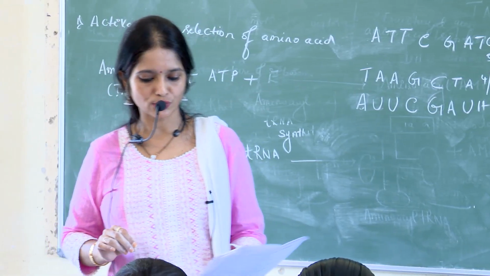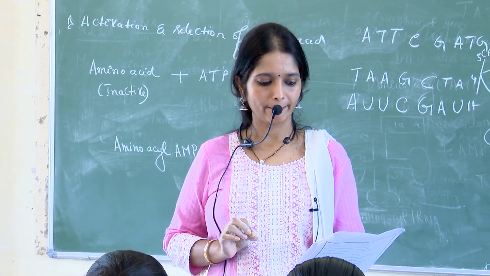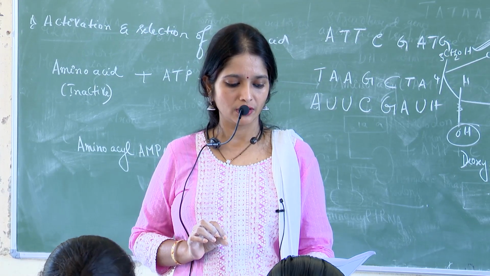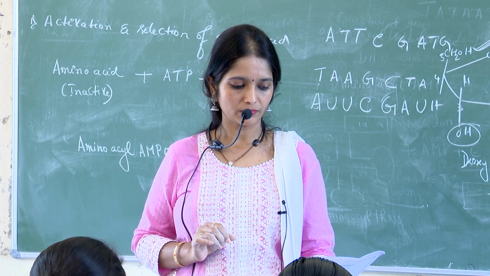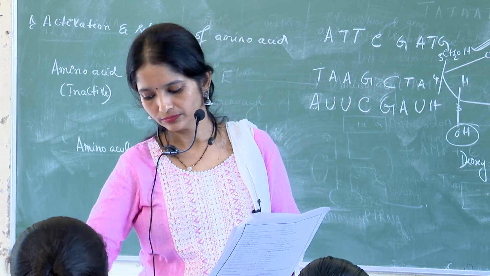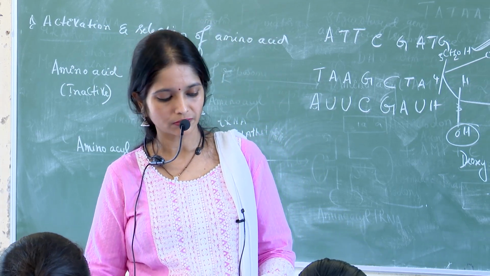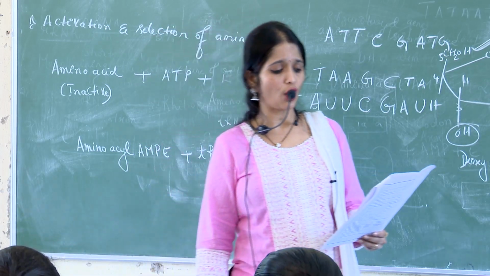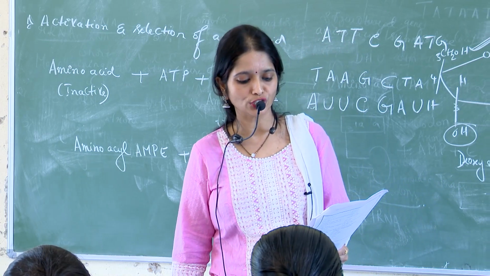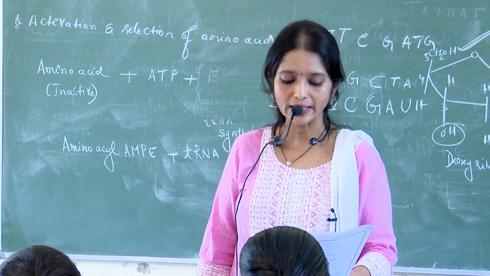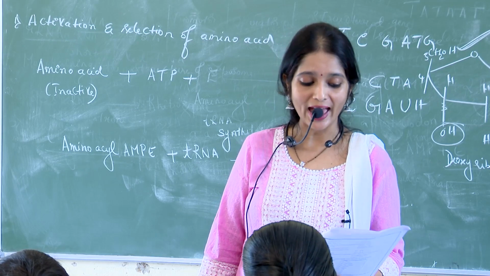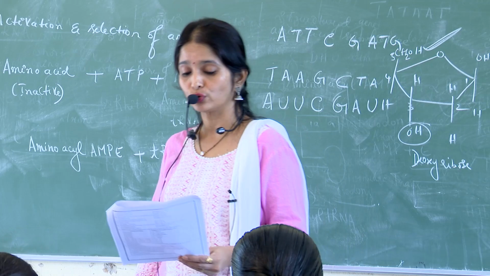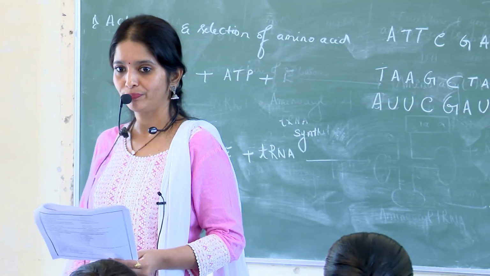Okay, which is our next question? The fact that a purine base always pairs through hydrogen bond with a pyrimidine base leads to dash in the DNA double helix. Uniform width throughout DNA, right?